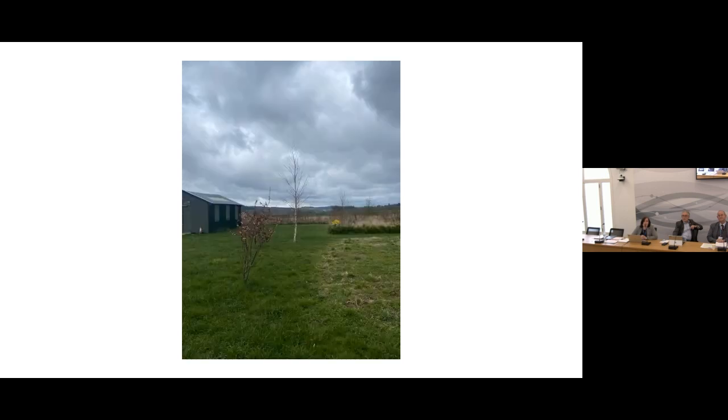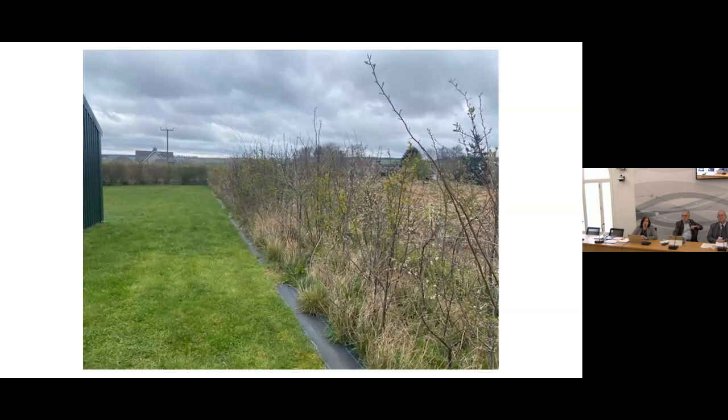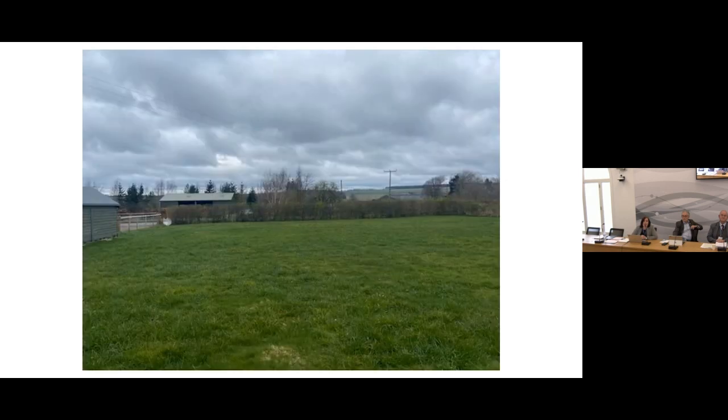And then this is looking towards the road now, with some of the boundary hedging that you can see. And then this is just a closer look towards the road, other properties on the other side of the road, and some of the existing boundary landscaping. Again, a bit closer to the road with the hedging there and other properties on the other side of the road.